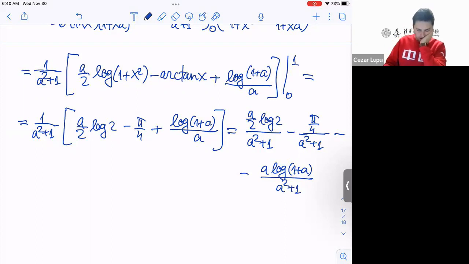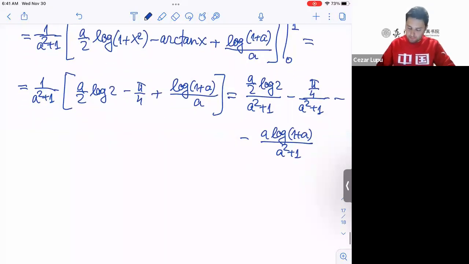Am I forgetting something here? So, okay. Plus now log of 1 plus a over a.